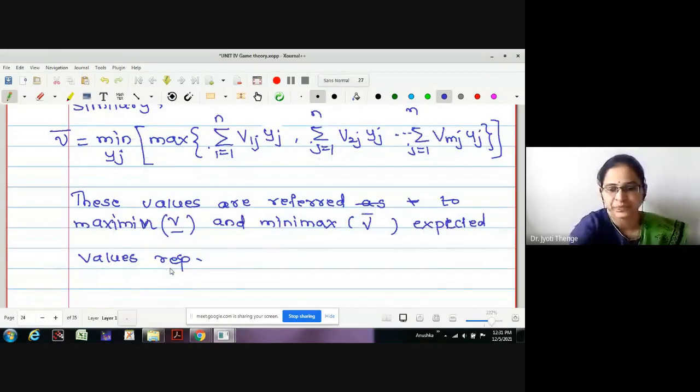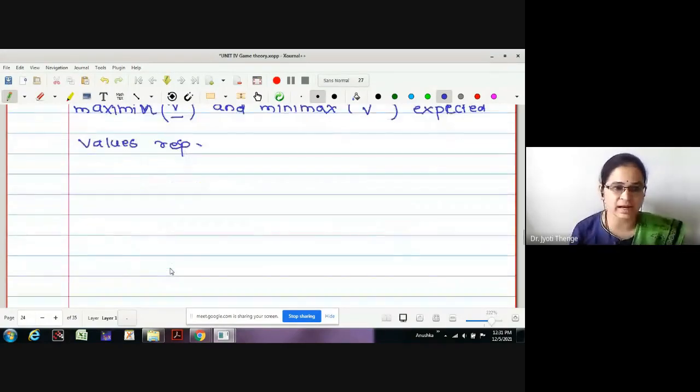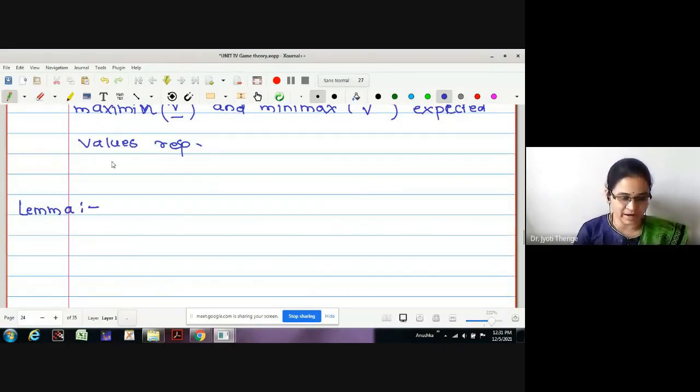Is that okay? Now let me write one lemma statement here. The lemma tells us that if we have a payoff matrix and we add a constant number to every element of that matrix, then the optimal strategies of the new matrix are the same as the optimal strategies of the old one.